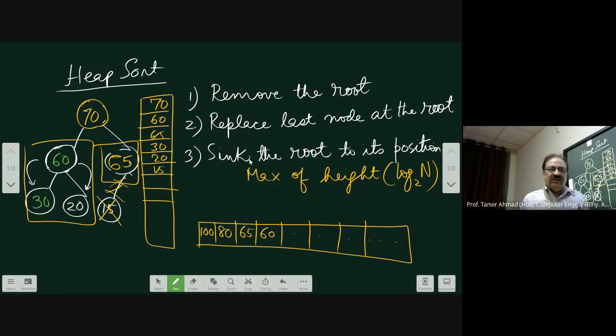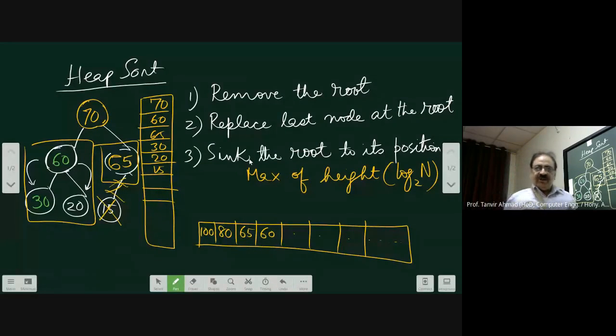See, to build a heap, you require an order of n log n, isn't it? There are 2 steps for this. First of all, you are going to build a heap. In building the heap, you will have a heapify. Then you have the sorting. That means heap sort requires first building a heap tree.